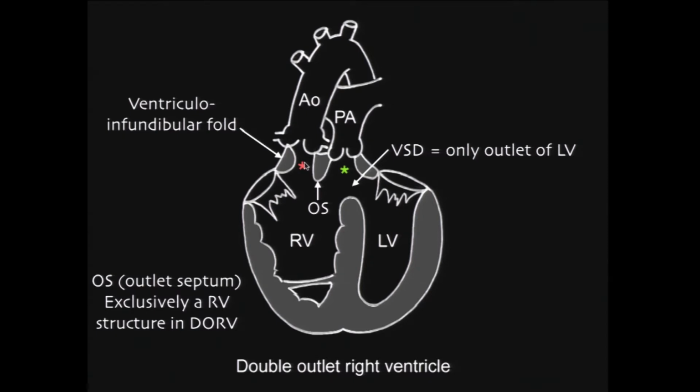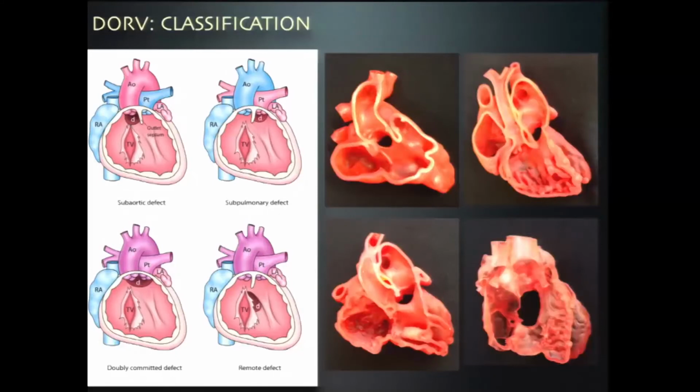However, subsequently, many people recognized that double outlet right ventricle can be present without having a muscular infundibulum. The other people also call it conus. Conus and infundibulum are almost identical synonyms. Okay. So the classification of double outlet right ventricle is rather simple.